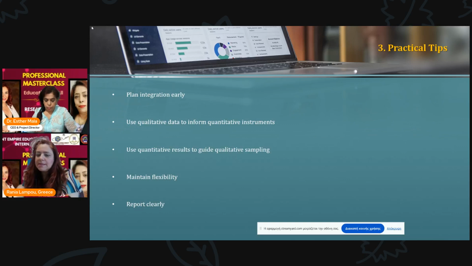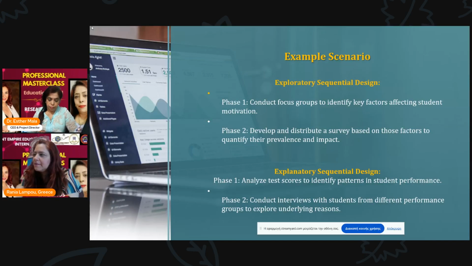So an example scenario here, we have exploratory sequential design. The first phase is to conduct a focus group to identify the key factors which affect student motivation. The second phase could be to develop and distribute a survey based on those factors to quantify their prevalence and impact.